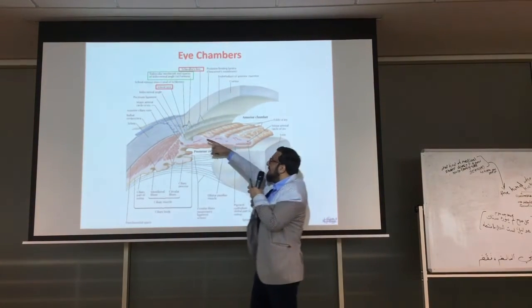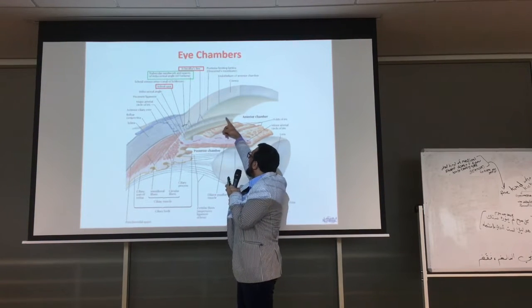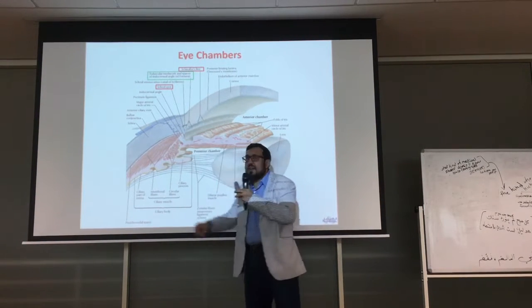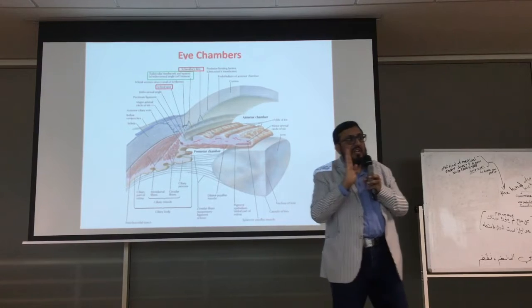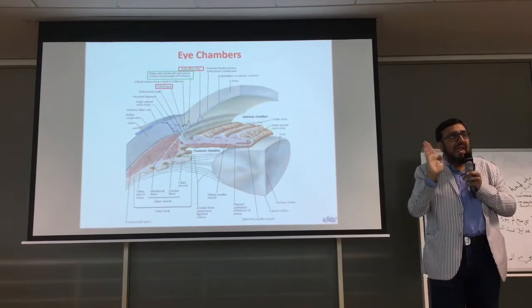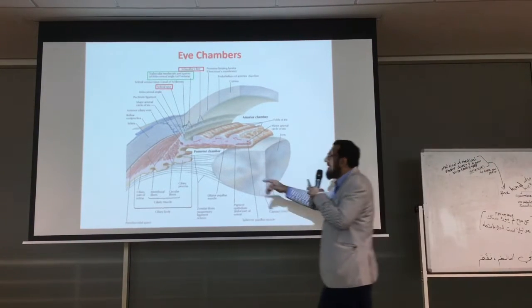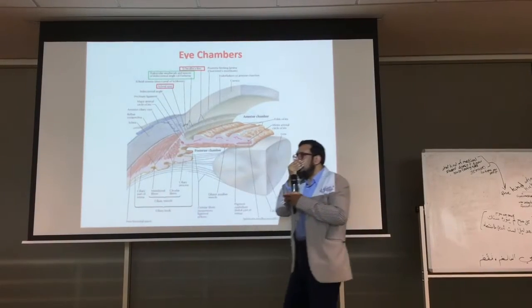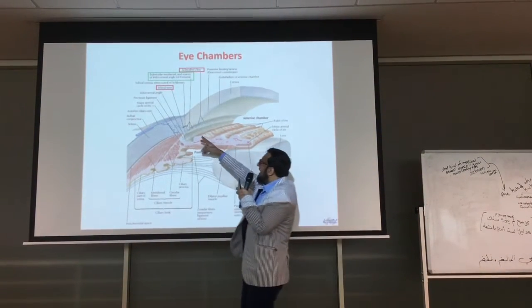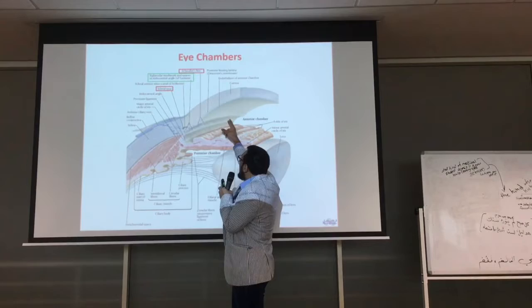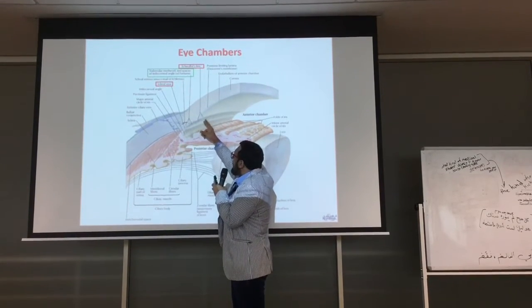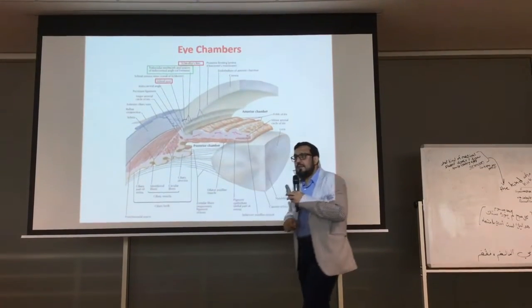Posteriorly, the same thing is represented by a line called the scleral spur, because it is produced by the edge of the sclera. You can see that there are some perforating areas anterior and posterior to it.